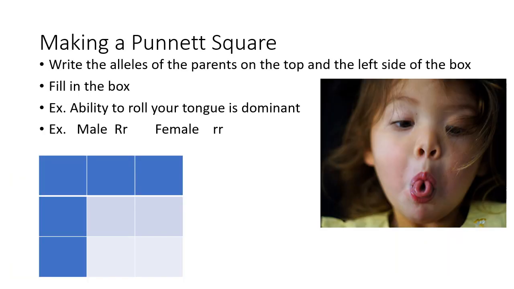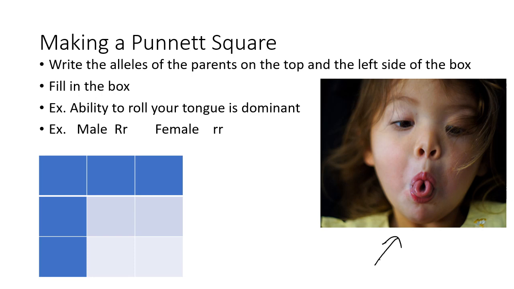Now, here's something that we can try to do. First, can you roll your tongue? Like this person right here, like the picture. So rolling a tongue, that trait is dominant. So what we're going to do is make what is called a Punnett square.